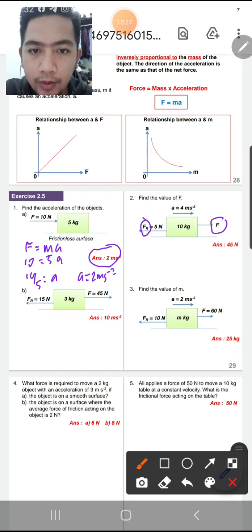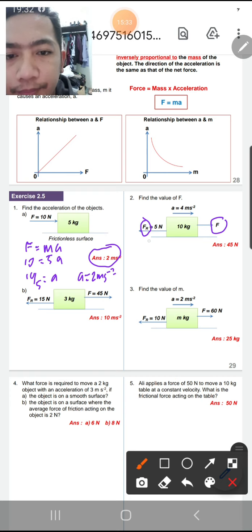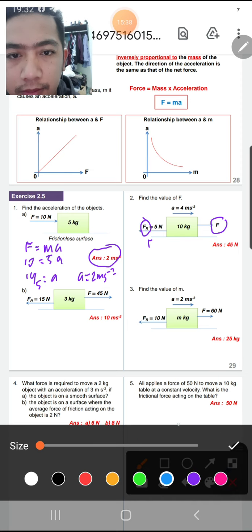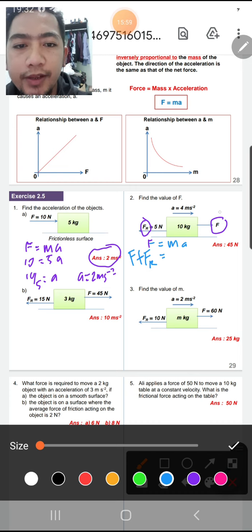Okay, so find the value of F. So by using the formula F equal to ma, so F, kita tukar color, F equal to ma. Alright, so F here kita ada 2F. So F plus FR, because there is 2F here kan.